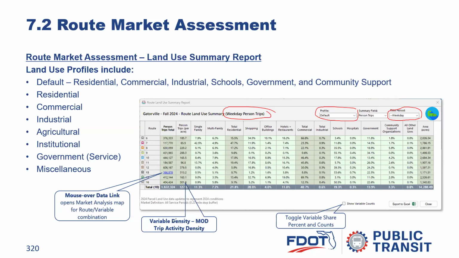I mentioned this before, variable density for mobility on demand, trip activity density. Just a very valuable parameter and variable that allows you to assess, in this case, routes for trip potential.